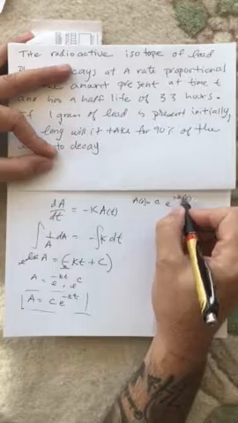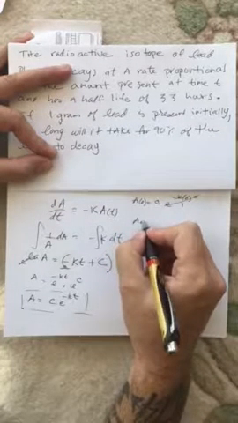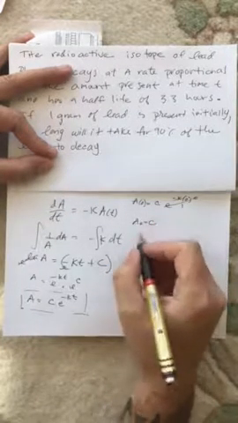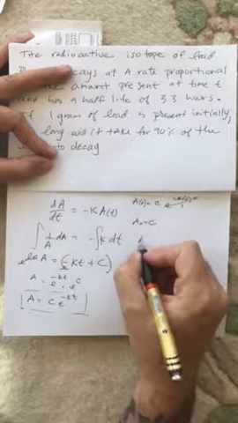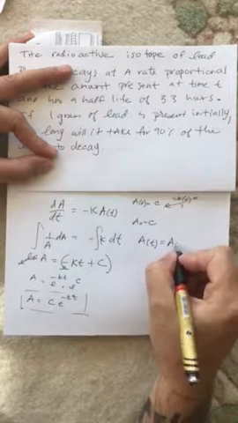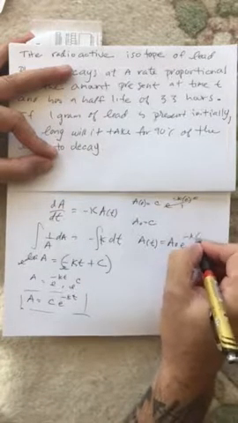Anything times 0 is 0, so that becomes 1. So we have A0 equals C. So now instead of C, use A0, and we rewrite it. A as a function of time equals A0, which used to be C, e to the negative kt.